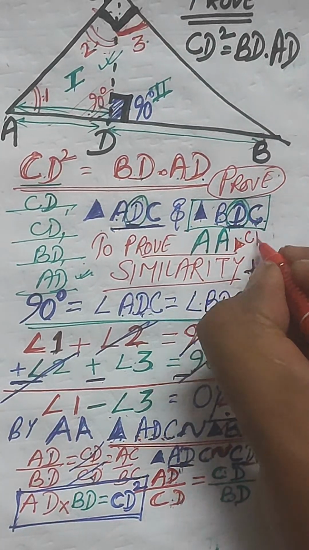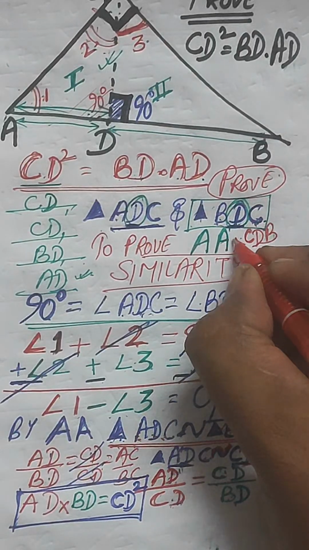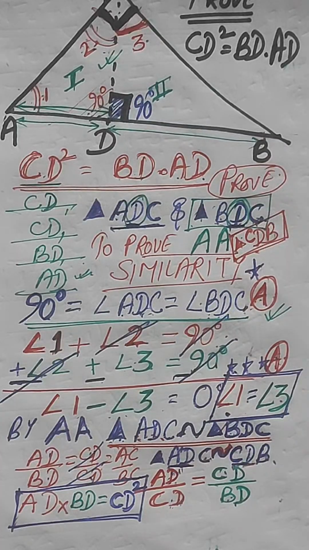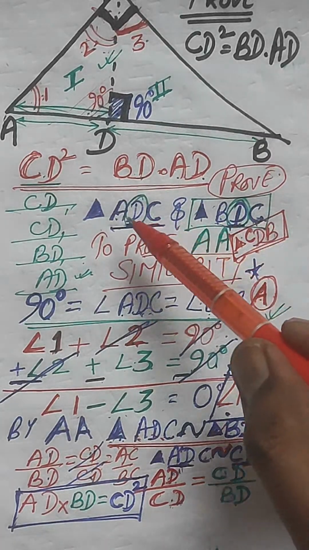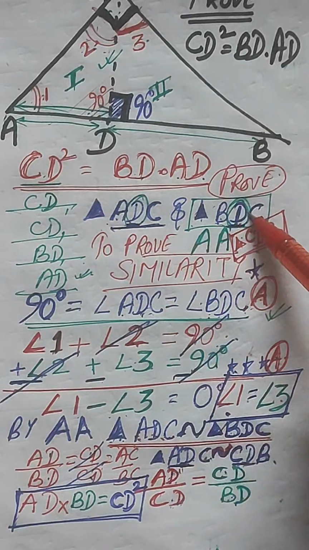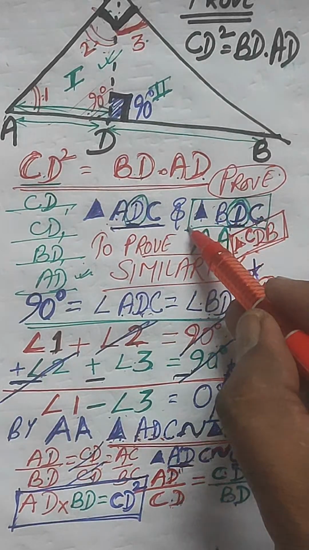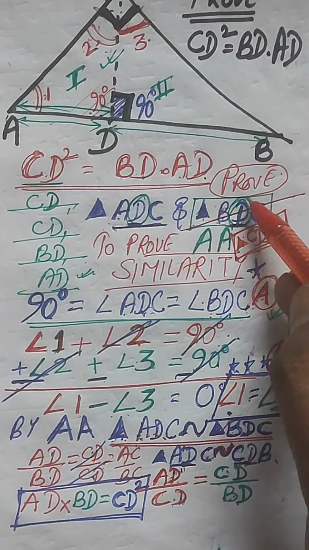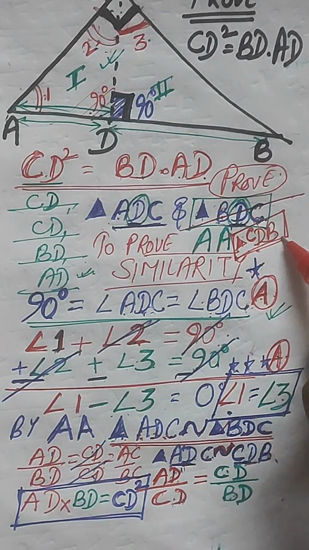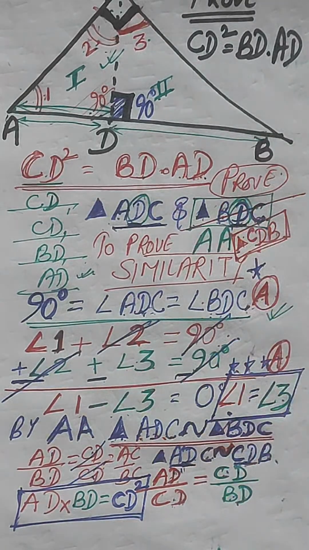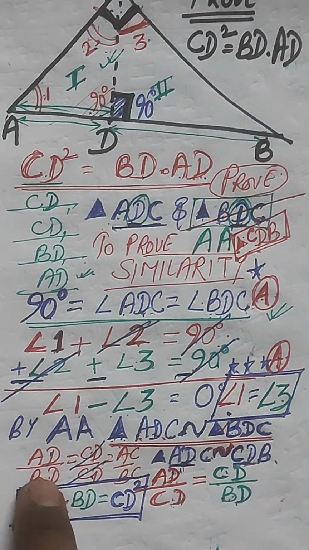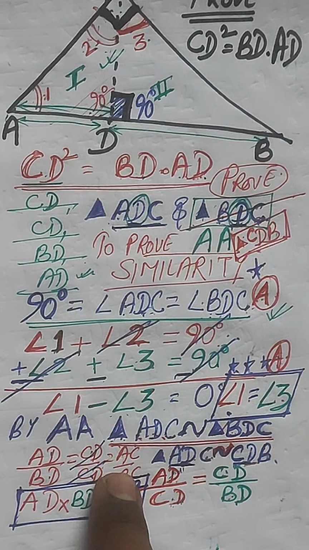Triangle CDB, triangle CDB, right? So what did we prove? We proved the similarity of triangle ADC and triangle CDB. Instead of BDC, change the sequence, change B to C and C to B. Then only you will be able to prove this. Otherwise, you cannot, because you are not able to prove it as per the similarity criteria.